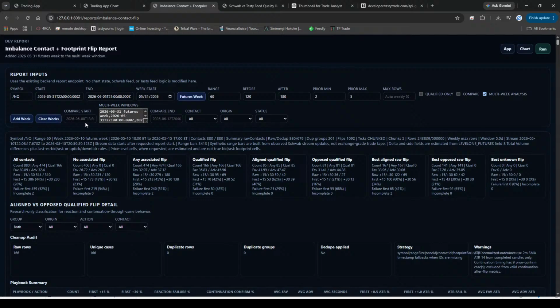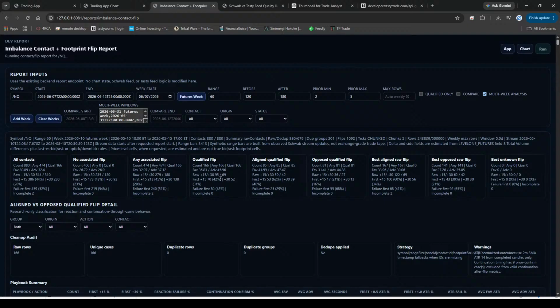I can add that in, and then I can go to the next week of June, build that week, and add that week. And now I can run the report across the 2 weeks and get a consolidated look at 2 weeks of data.